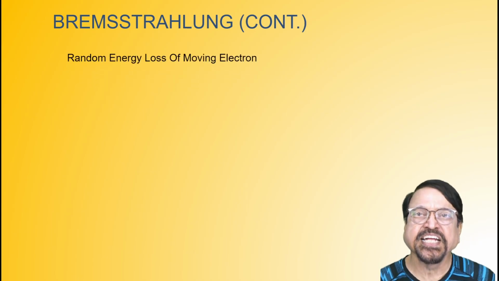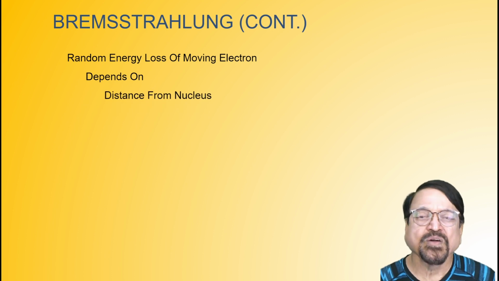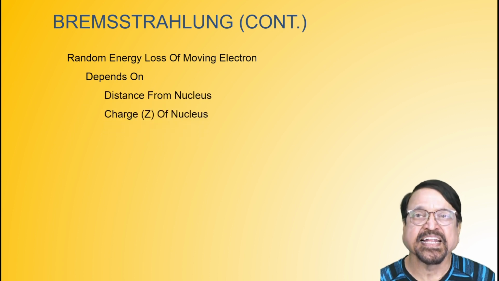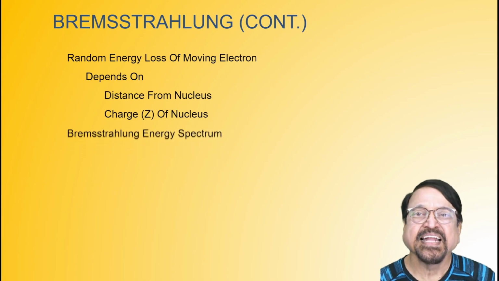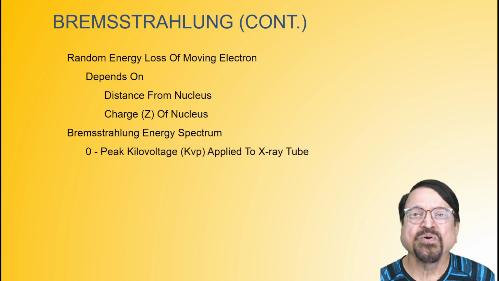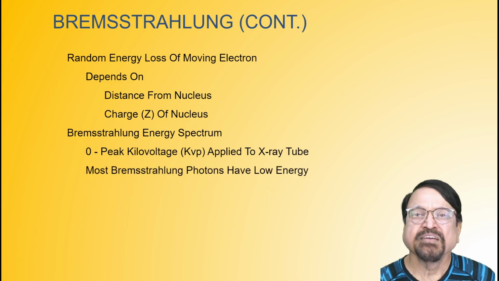Now radiation energy loss of a moving electron depends upon the distance from the nucleus. Closer it has higher energy. Then the charge of a nucleus. Then the Bremsstrahlung energy spectrum. The maximum is the peak voltage applied to the tube.